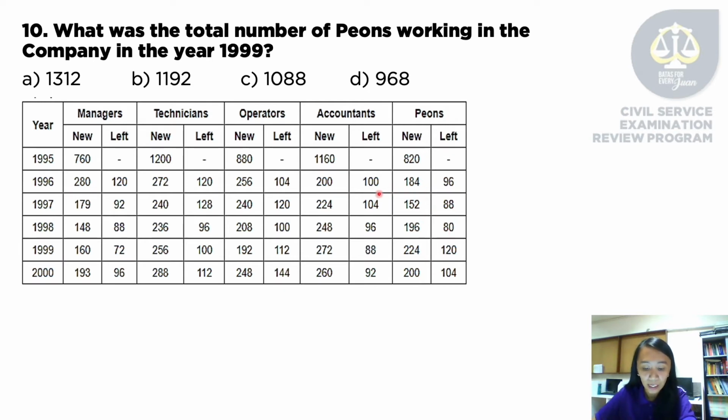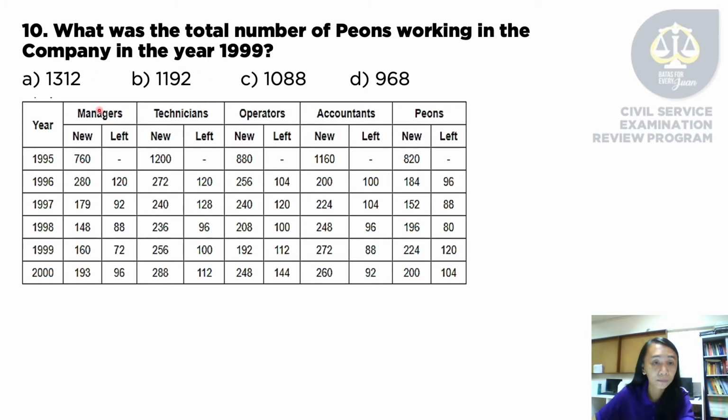Okay, so ang gagawin natin ay ipag-add natin lahat lahat nung ating bagong salta, okay, from 1995 hanggang 1999, ipag-a-add din po natin lahat yung mga umalis from 1995 hanggang 1999. And then we will get the correct answer by getting the difference of the employees nung mga bagong dumating and then yung umalis.